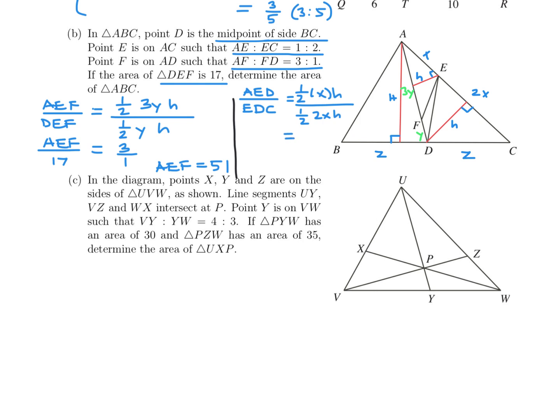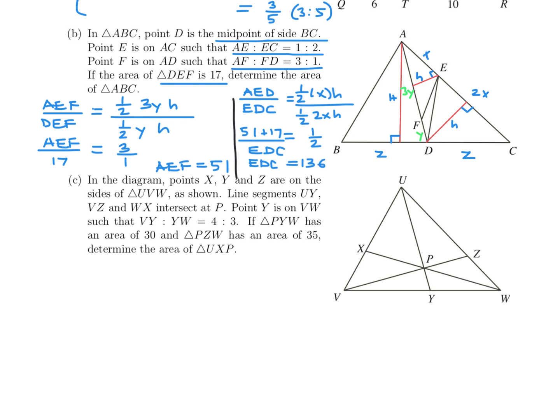So this becomes just 1/2, I believe. And then AED is equal to 51 for the AEF part and 17 for the DEF part. And then EDC is what we don't know. And then when you do this math, you get EDC equal to 51 plus 17, which is 68, then times 2, which is 136. So as you can see, we're getting some progress here.